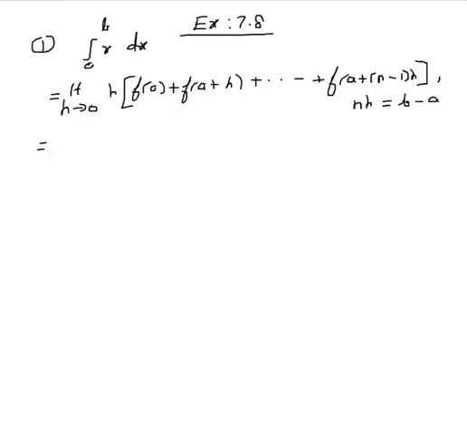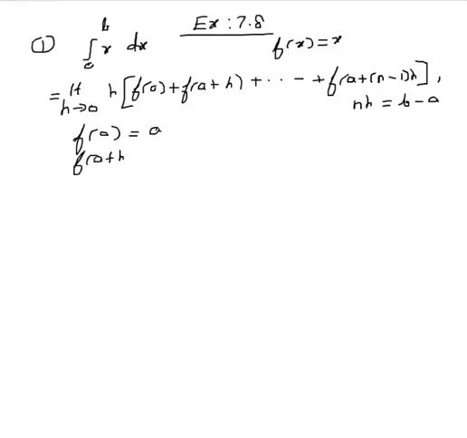Second step is substitute for a and b. But in this question, they are a and b. Now third step is, let us find the expressions of f of a. f of x is x. Therefore, this is our third step, finding these terms. f of a will be a.